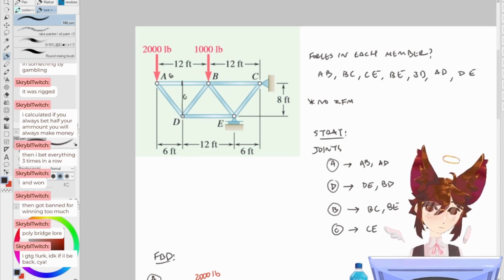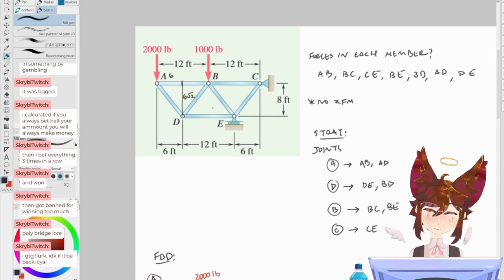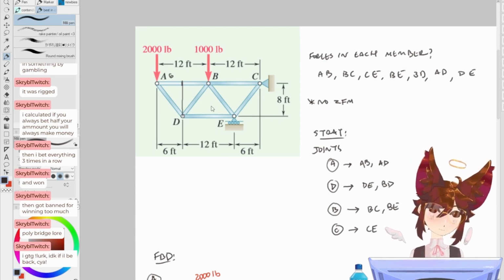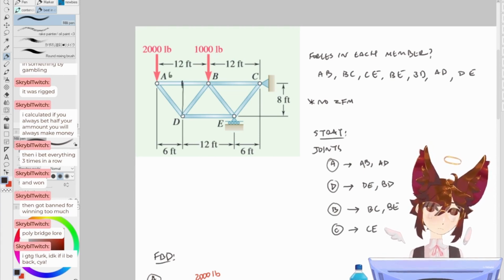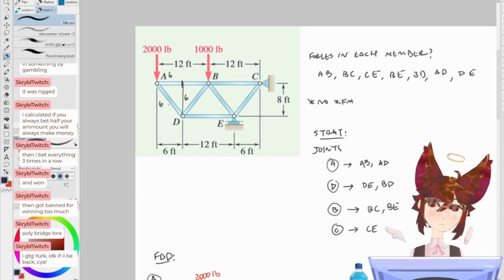This is what, 6 root 2? Or is it 3 root 2? Oh wait, we just know this is 6. That'll be 6, and then this will be 6 root 2. Is it 6 divided by root 2?